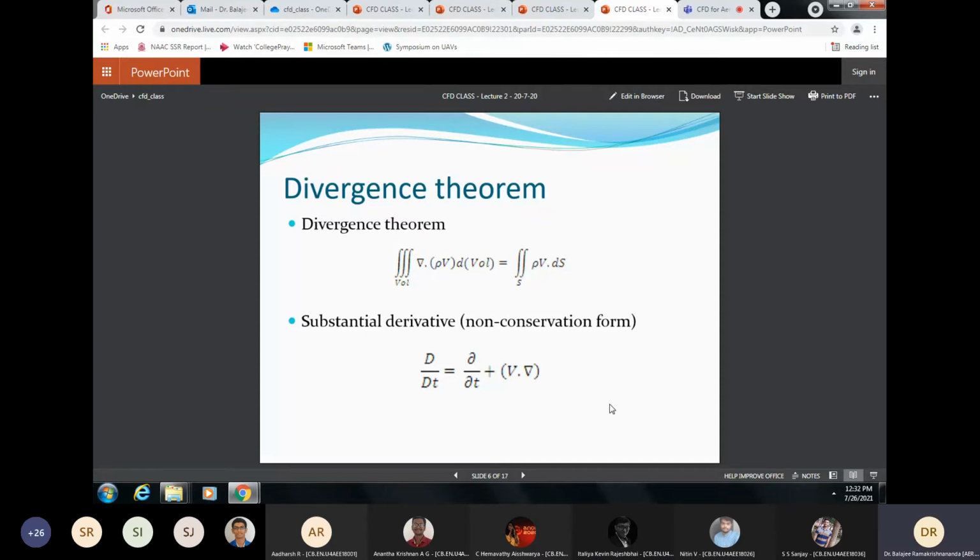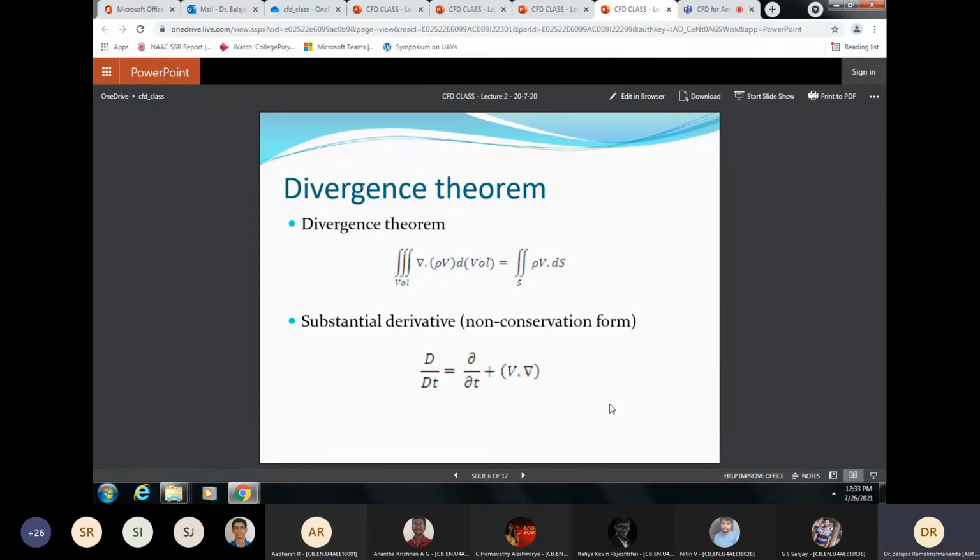Now, to make them look similar, you have to convert the surface integrals to volume integrals so that you can put everything under one integral sign. If you can do that, you can do some tricks and get some differential equation or integral equation. To do this, we need a formula to convert one from the other.